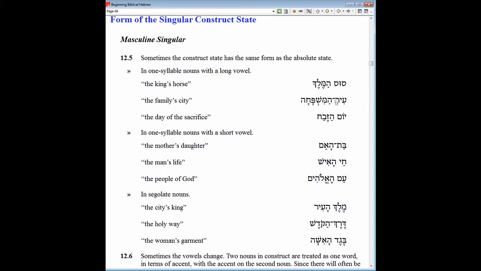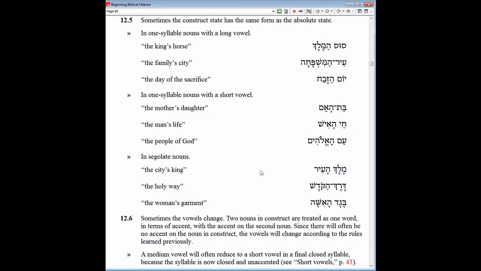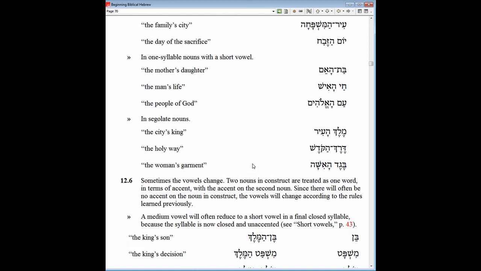Well, definitely if it's joined with maqqef to another noun. But anytime you get two nouns juxtaposed to each other, think construct. Do I have a construct relationship? 95% of the time, yep, that's what you're going to have. So the forms are somewhat incidental in that respect.